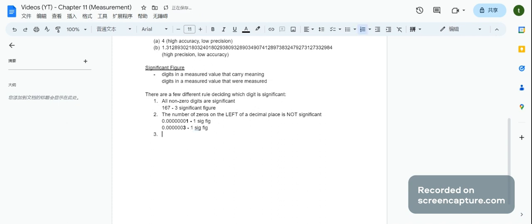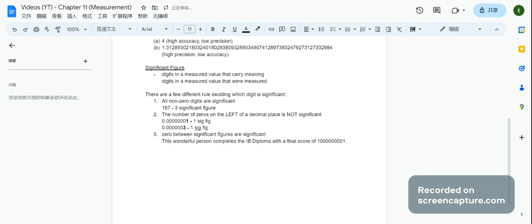Now let's talk about the third rule, which is that zeros between significant figures are significant. So for example, if we have a value of, let's say, this wonderful person completes the IB diploma with the final score of this.